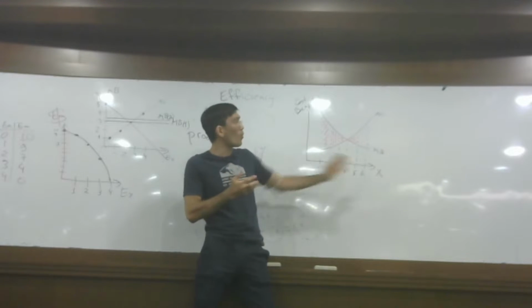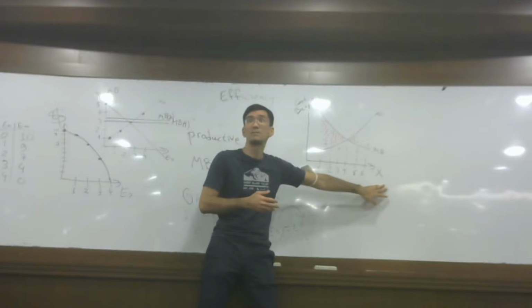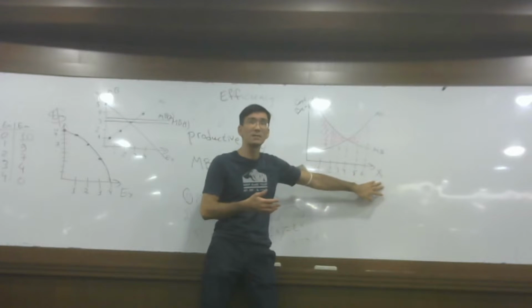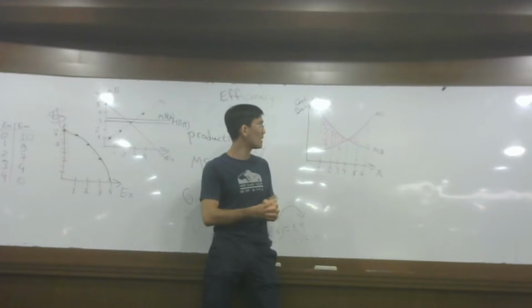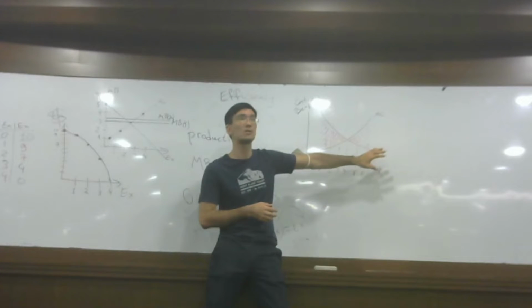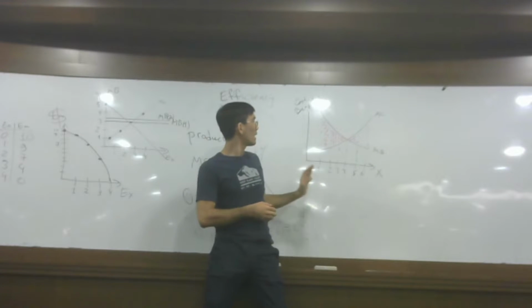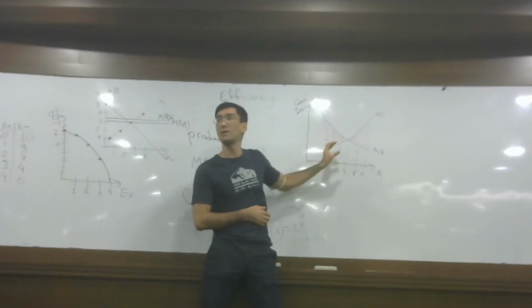So, no point producing anything, whatever it is, either producing t-shirts, or talking on the phone, or preparing for the exam, beyond the point where marginal cost exceeds marginal benefit, right? And we should do more of the activity as long as marginal benefit exceeds marginal cost, right?